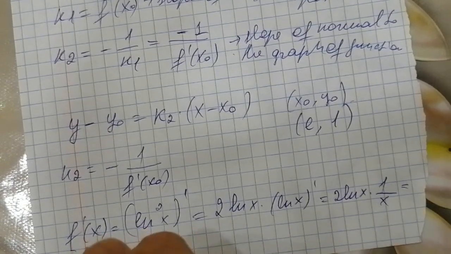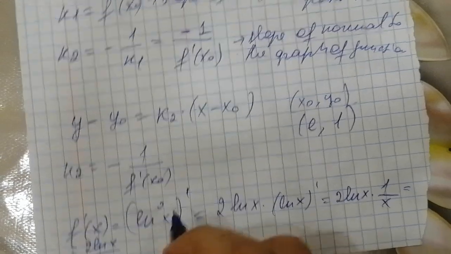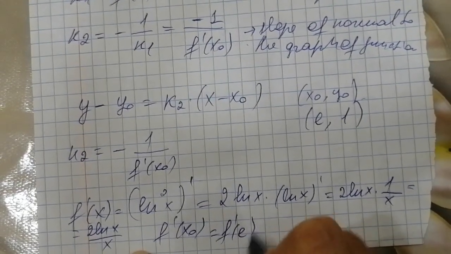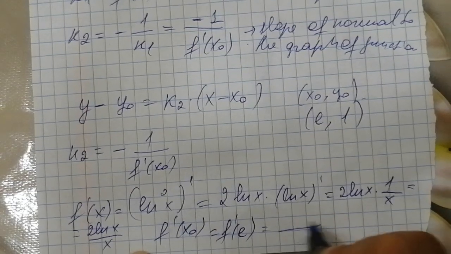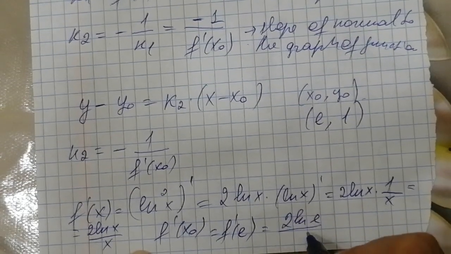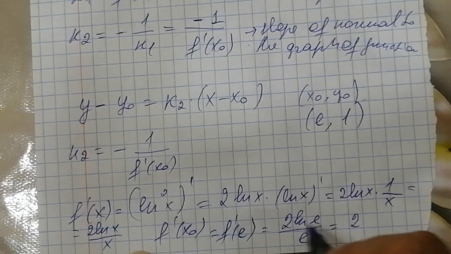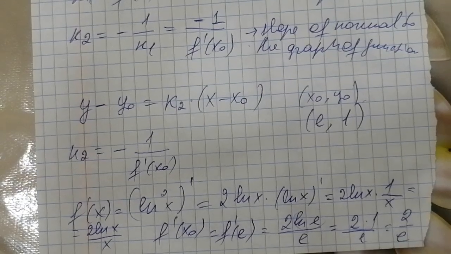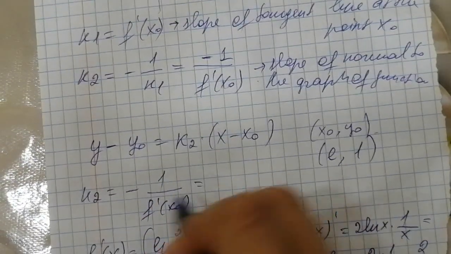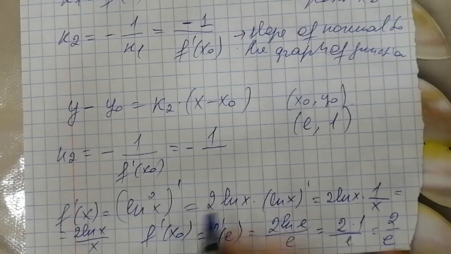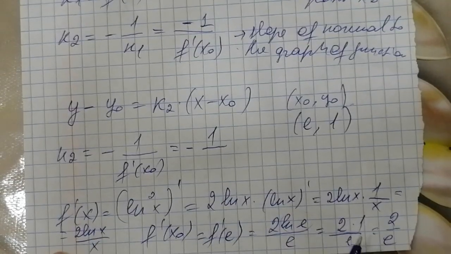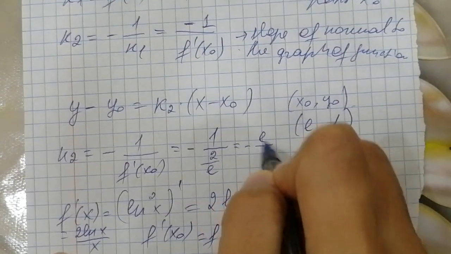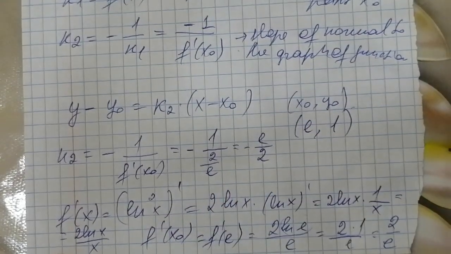At the point x0, which is e, the derivative is 2 ln e over e. 2 ln e is 2 times 1, so it is 2 over e. Then k2 is equal to negative 1 over the derivative at the point, which is 2 over e. Then it is negative e over 2.